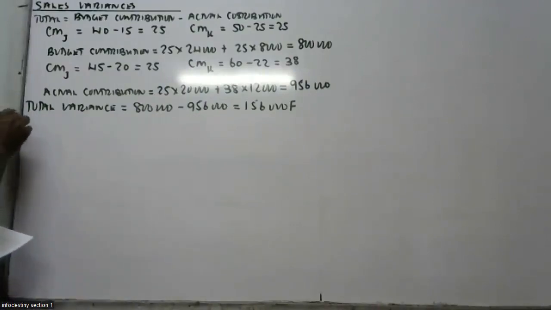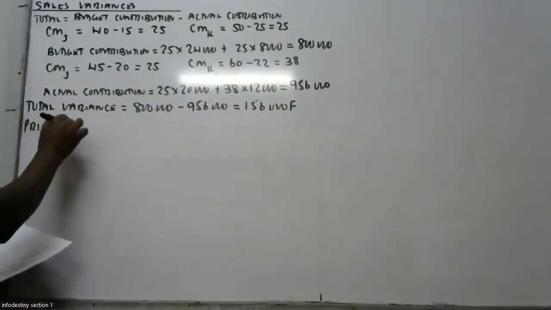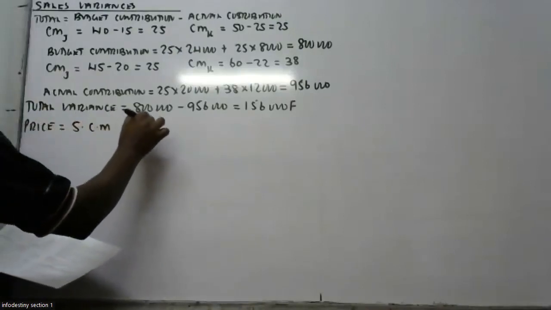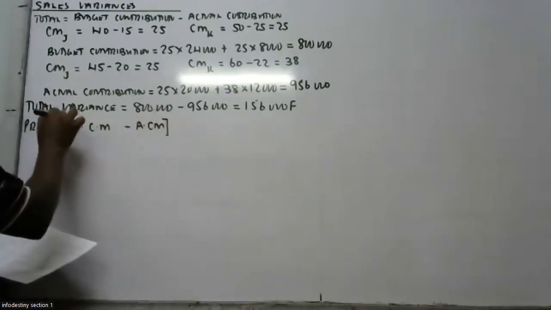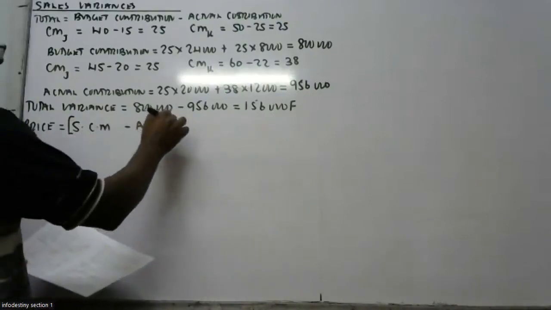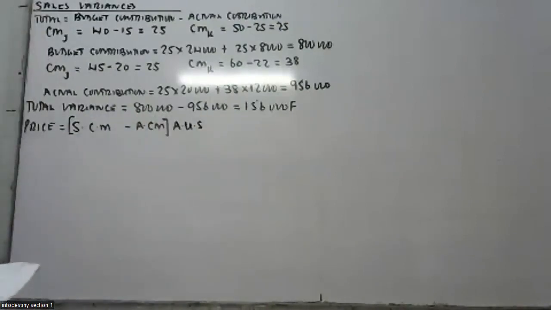The next variance is called price. The one for the price is given as standard contribution margin minus actual contribution margin, you multiply by actual units sold.